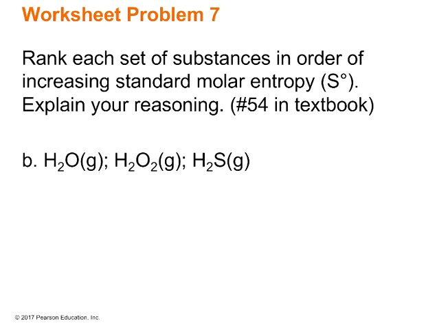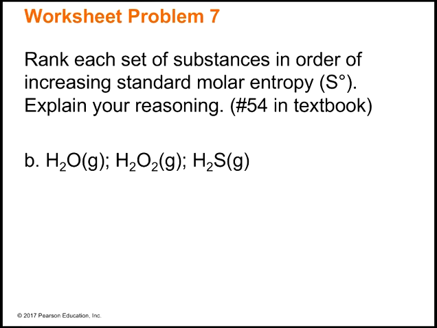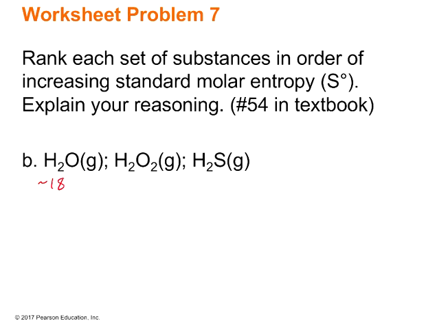So H2O, we've got oxygen, which has a molar mass of 16, plus 2 hydrogens, which each have a molar mass of 1. So we have a molar mass of approximately 18 for water. For H2O2, we have 2 oxygens, so 16 times 2 is 32, plus 2 hydrogens, that would be approximately 34 grams per mole.